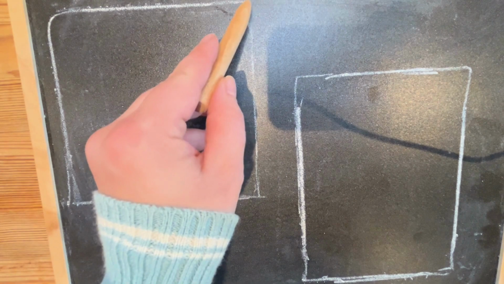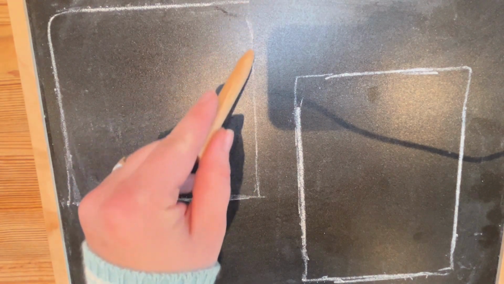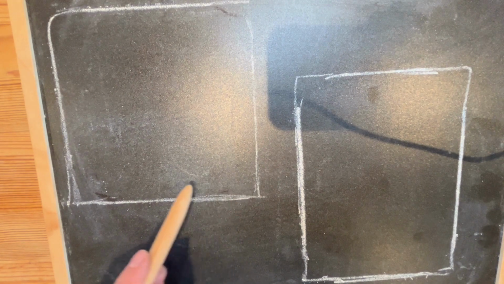Okay, let's talk about some shapes. I have 2 shapes drawn here, and they are very, very similar. They're almost exactly the same, but they're not. See this shape right here? It has 1, 2, 3, 4 sides.